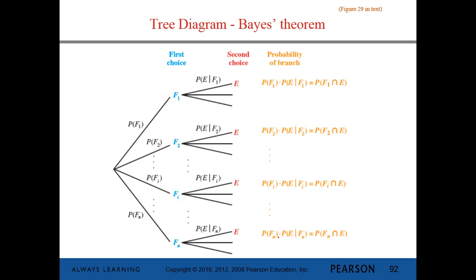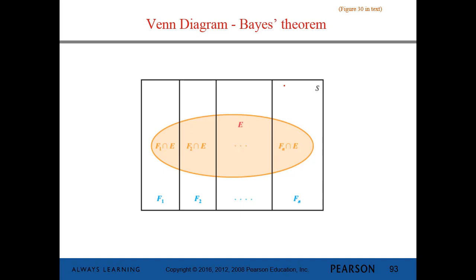All of these add up to the sample space, so we're partitioning the sample space into regions, where all of these regions add up to the total sample space. And so this is what we have.